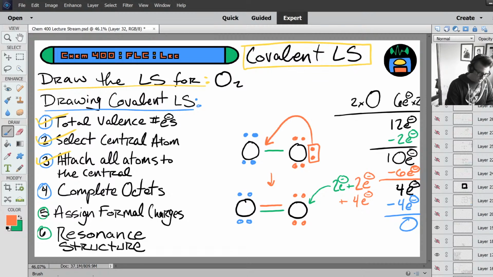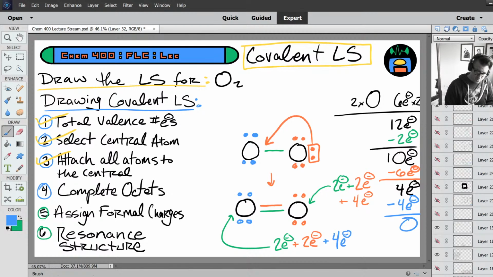And when you look at this oxygen, it's got 2 electrons from the first bond, plus 2 electrons from the second bond, plus 4 electrons from its lone pairs.